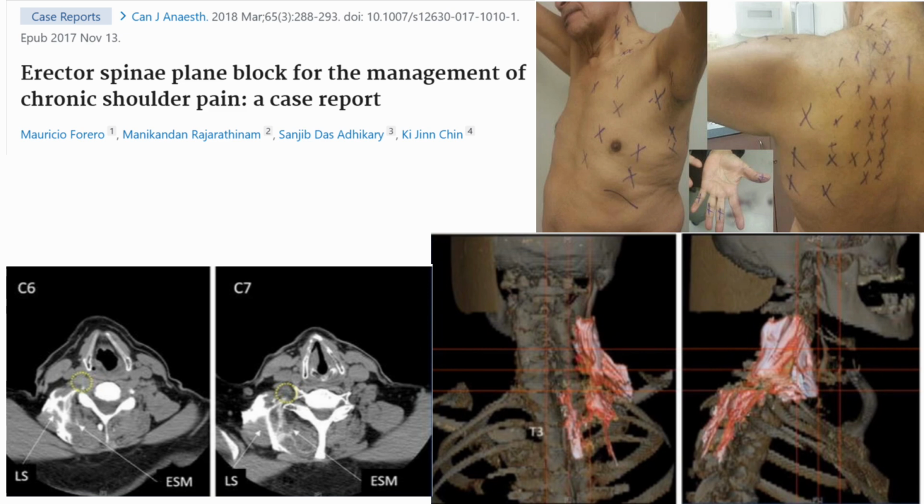What they observed on contrast CT was the local anesthetic had spread up to the cervical levels and involved the roots of the brachial plexus, which is observed by dermatomal or sensory anesthesia along the fingers. So this patient developed subsequent pain relief following the involvement of the brachial plexus.